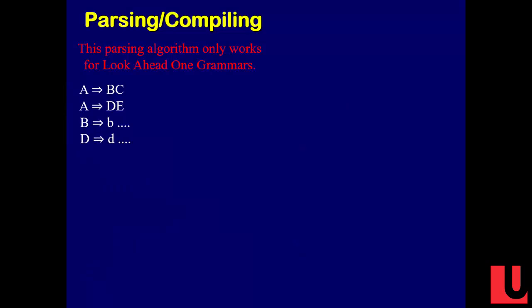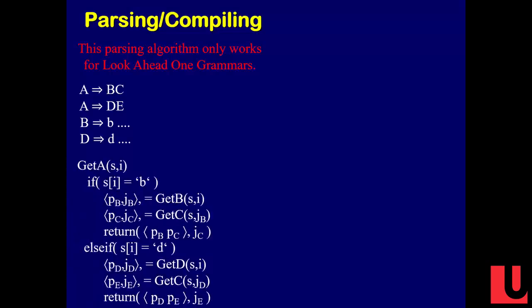And so here's a parsing problem, which is we don't know whether to call get B or get D. Unless we know that B begins with a b, and D begins with a d, then you'll know which rule to use, right?